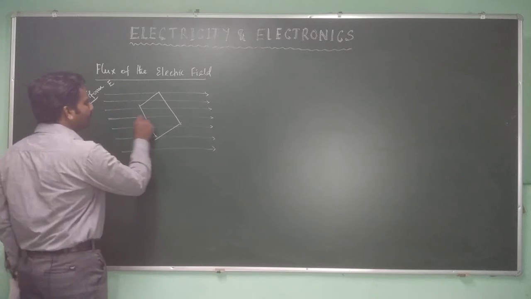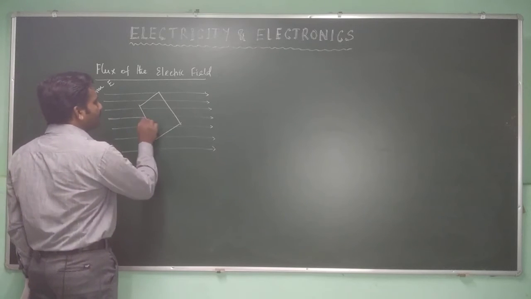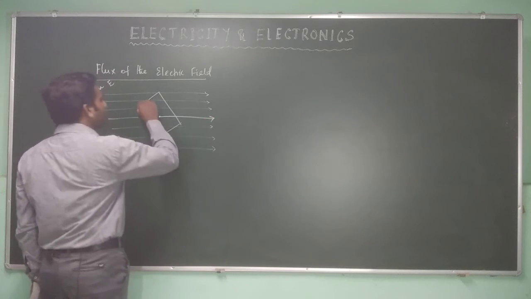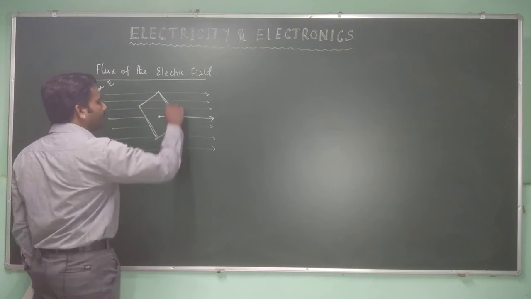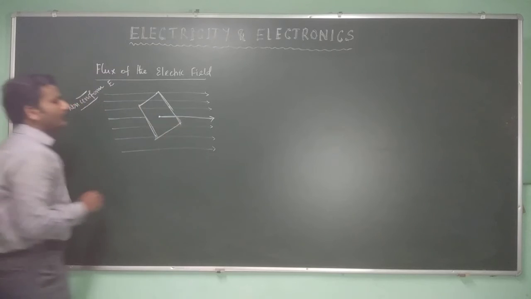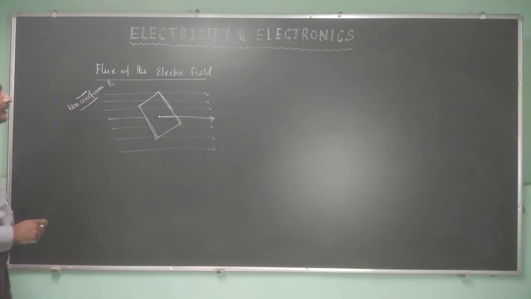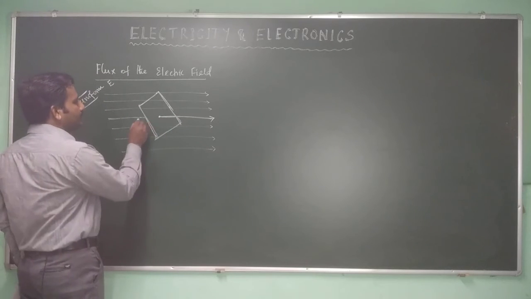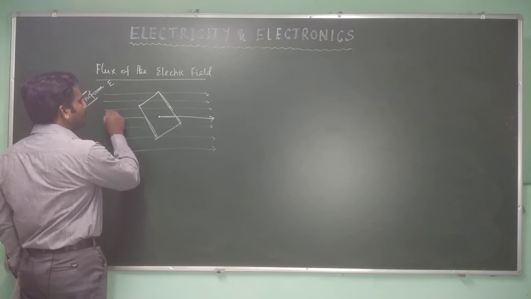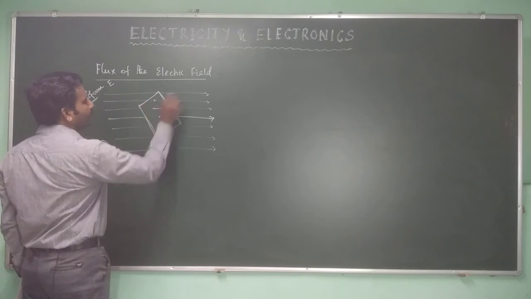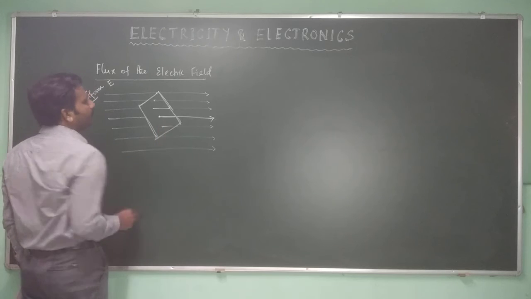Assume this. So in this case, this force line penetrates this plane, that is, the electric field line penetrates at this point, right? Now see, one line is penetrating here, there is another line penetrating from here, another from here, and another.